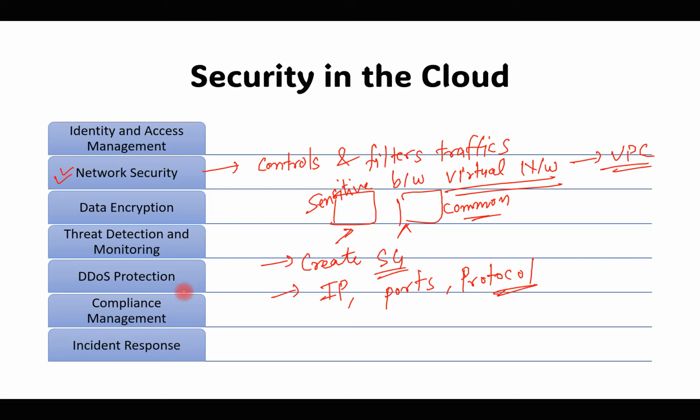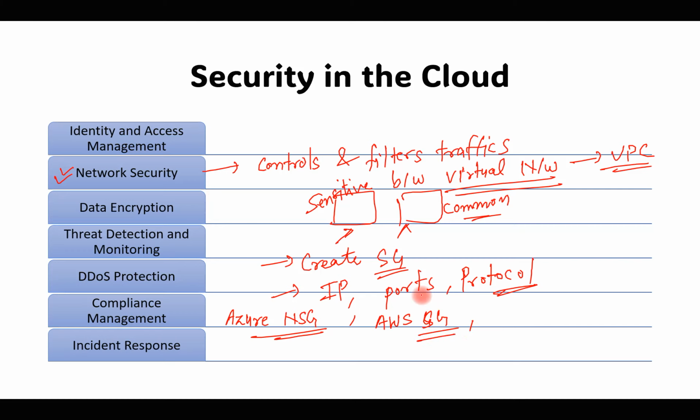Now, it's time to go through the services available for network security. If we talk about Azure, we have Azure NSG, Azure Network Security Group. For AWS, we have AWS SG, that is AWS Security Group.